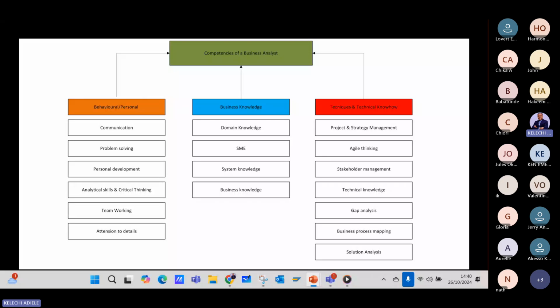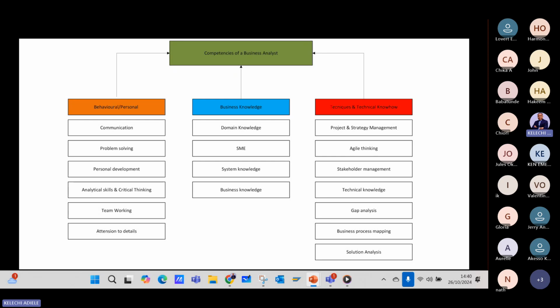If you're working in the manufacturing sector, you need to understand what happens in a manufacturing sector. You also have to be specific: is it production? Is it finance? Is it costing? Is it engineering? So BA is not a wide range role.